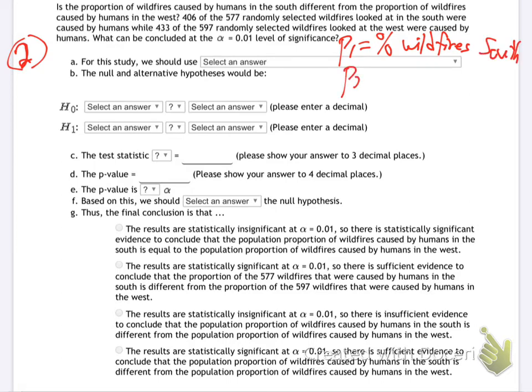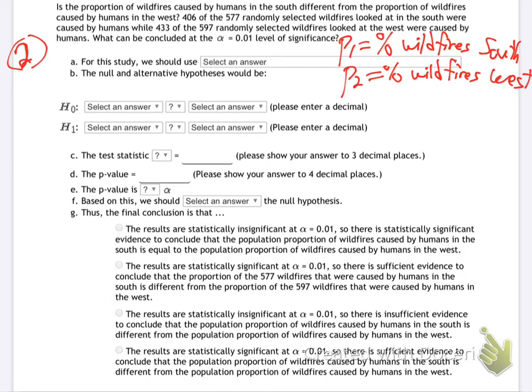And we'll let P2 be the percent of wildfires caused by humans in the west. I just don't have room to write all those words. So that's the two. You're always going to have two groups on these. Those are the two groups we're talking about: percent of wildfires caused by humans in the south, percent of wildfires caused by humans in the west.